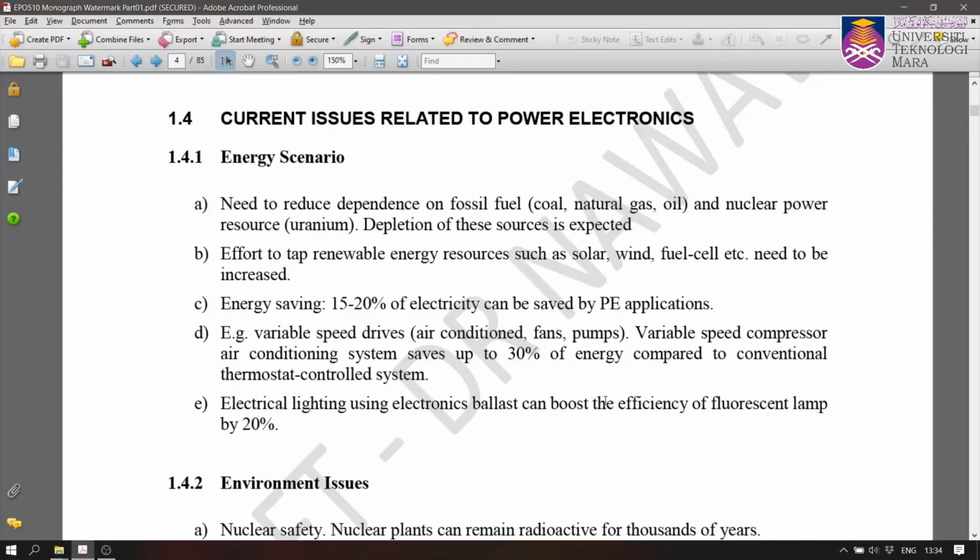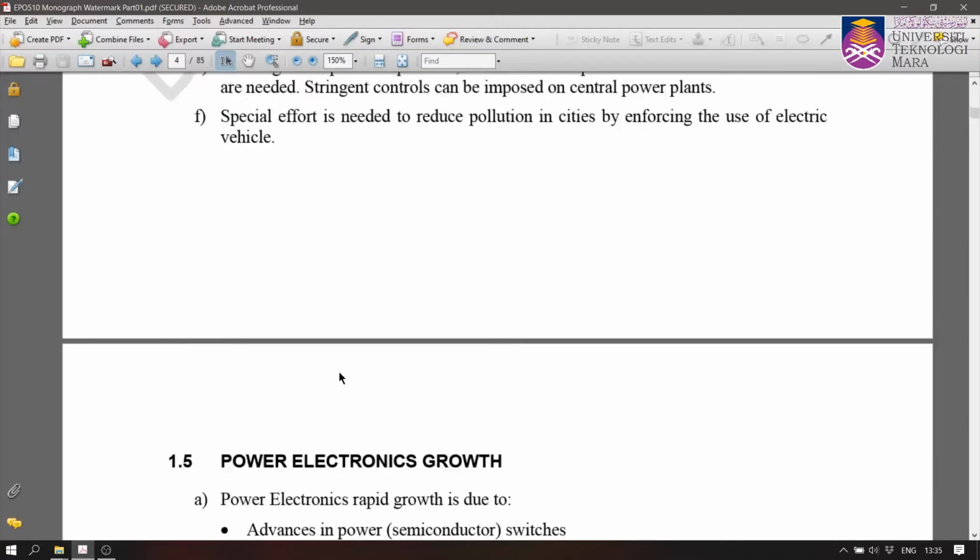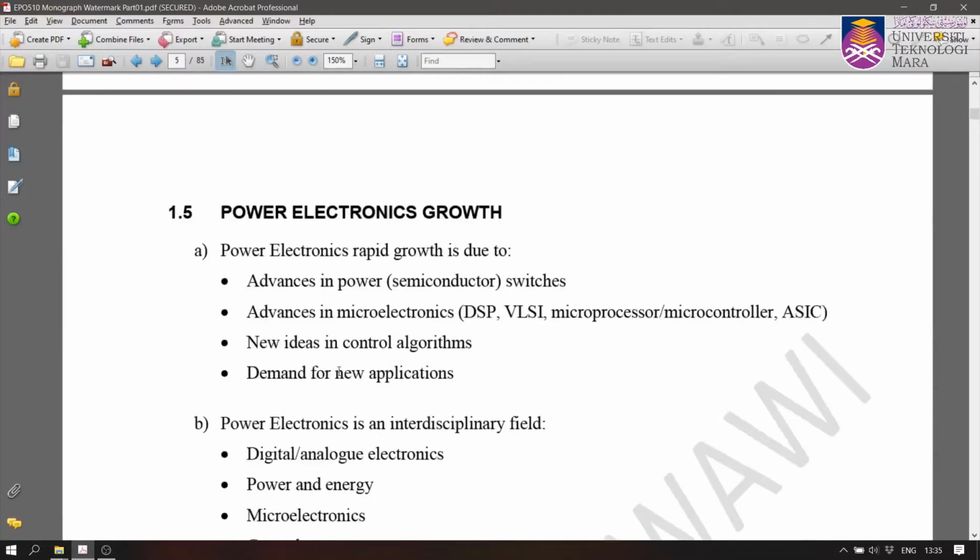Depletion of these sources is expected, so you need to move to alternative sources, for example, solar, wind, fuel cell, etc. So this needs power electronic conversion. And then we have environmental issues, nuclear safety, as I mentioned earlier, and the burning of fossil fuels creates global warming. These are some serious issues regarding the current power system generation, and that's why we must move to power electronics.